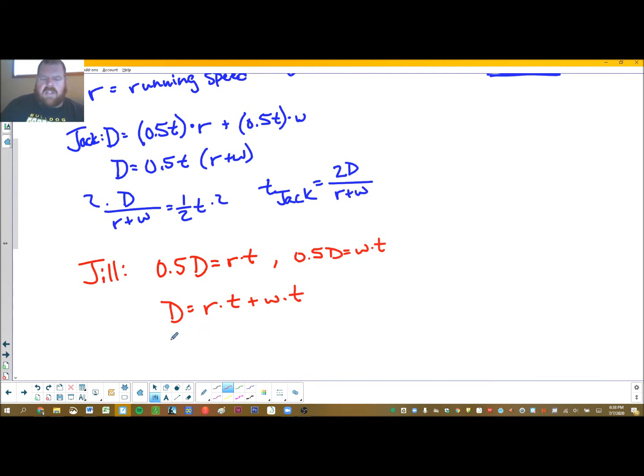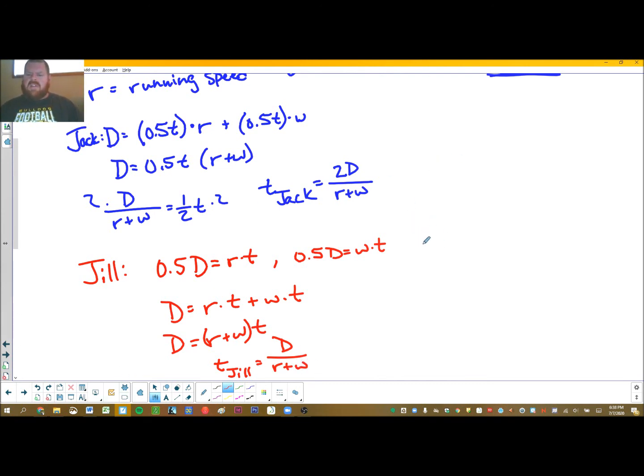I'll factor out a t. And then divide by r plus w, kind of like I did before. And it's going to tell me that Jill's time is going to be d over r plus w. So kind of a similar answer there.